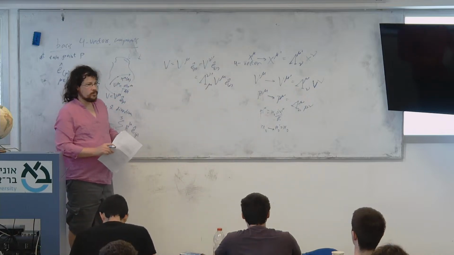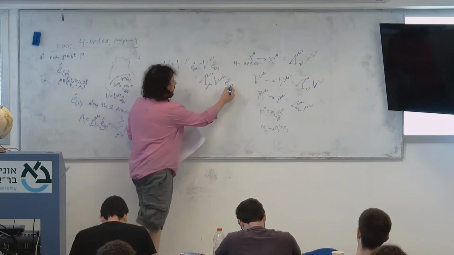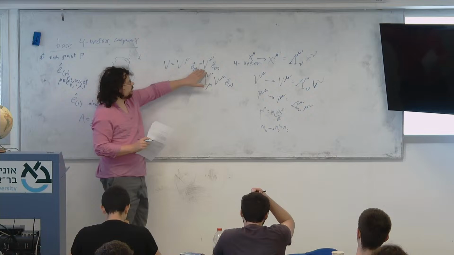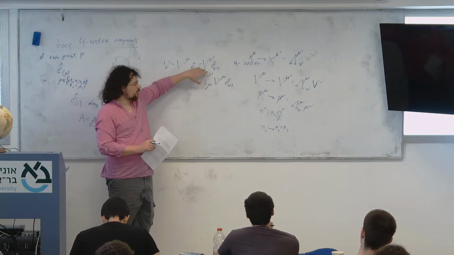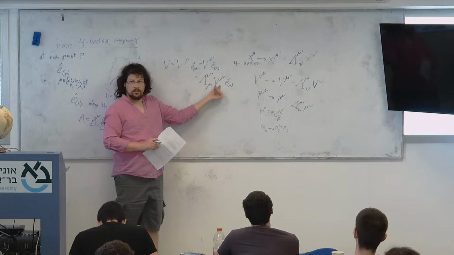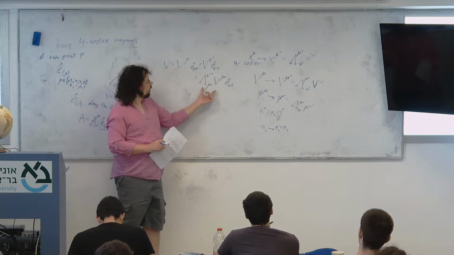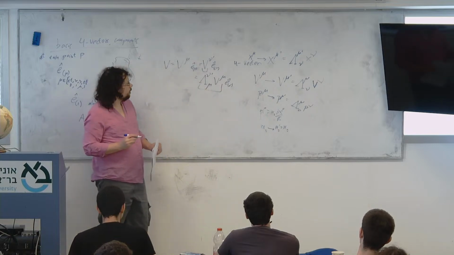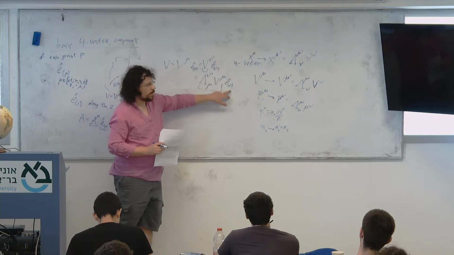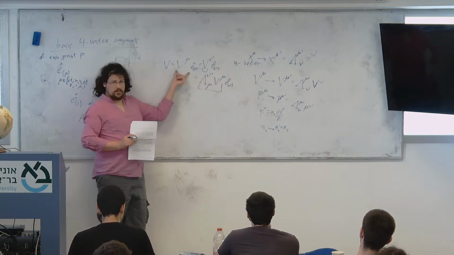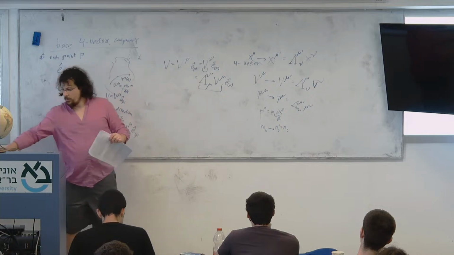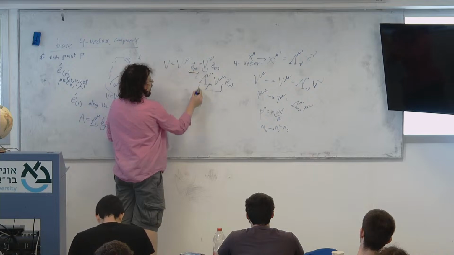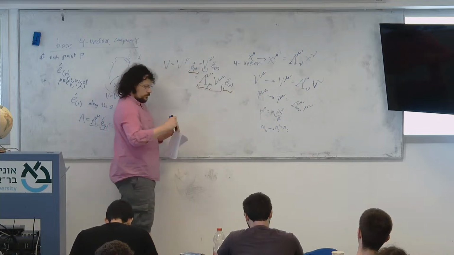Nu prime. Nu prime. Nu prime, yes. This is going to be subtle. Okay, by definition, v nu prime is a Lorentz transformation of v mu with a Lorentz matrix. So this is this. And this is the same. But now this is also equal to this. Which means that this has to be equal to these two.